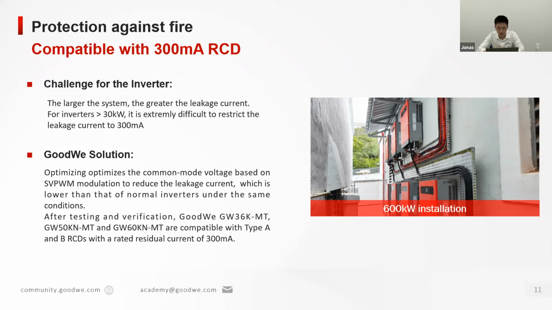After testing and verification, the GoodWe SMT and MT series, ranging from 36 kilowatt to 60 kilowatt, are all compatible with type A and type B RCDs with a rated residual current of 300 milliampere.